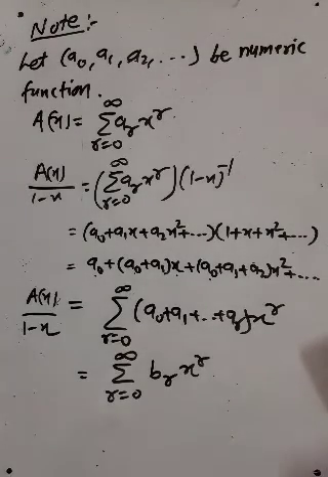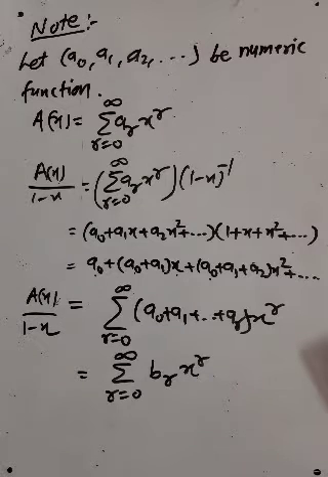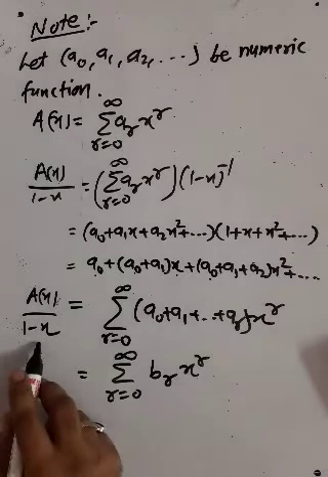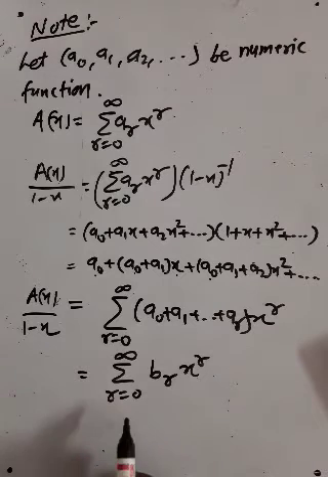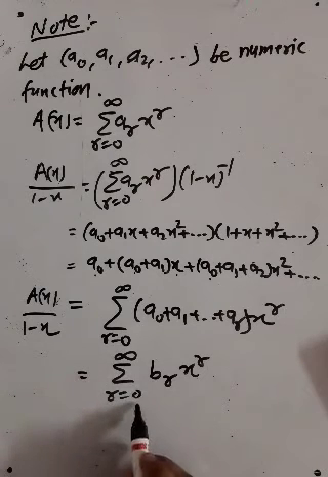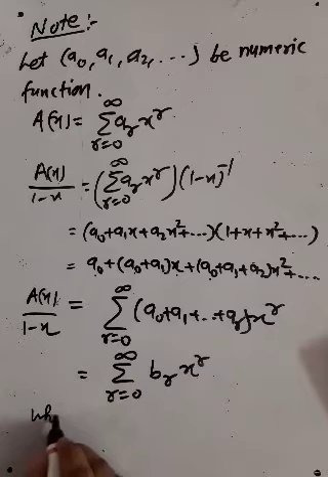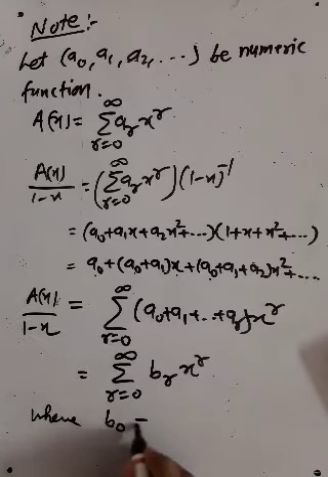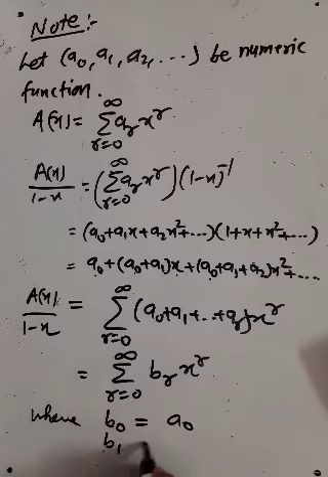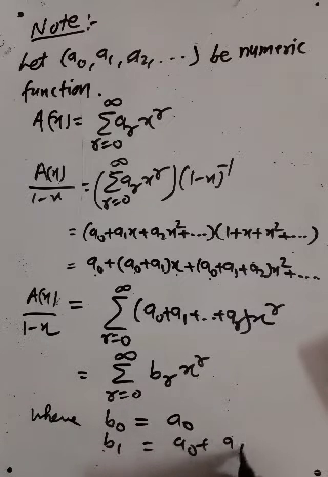It implies if we divide any generating function by 1 minus x, then we get summation r from 0 to infinity b_r x power r, where b0 is equal to a0, b1 is equal to a0 plus a1, b2 is equal to a0 plus a1 plus a2.